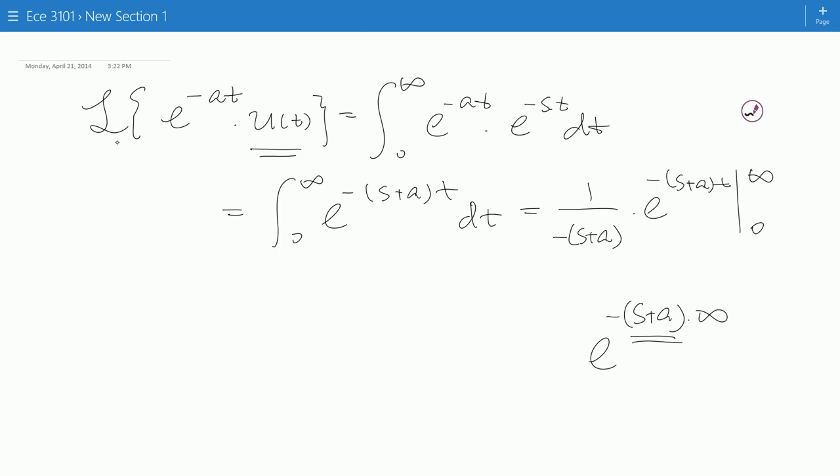Okay, positive real part, so that when you apply this negative sign in front of it, this whole thing will go to 0. In other words, we want the real part of s plus a to be positive. And as a result, this whole thing will be equal to, not surprisingly, 1 over s plus a.